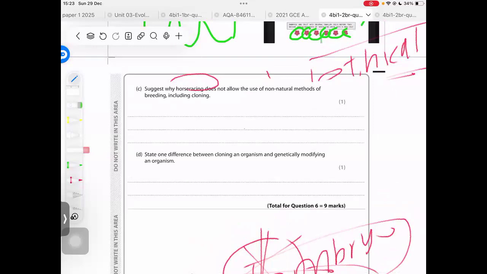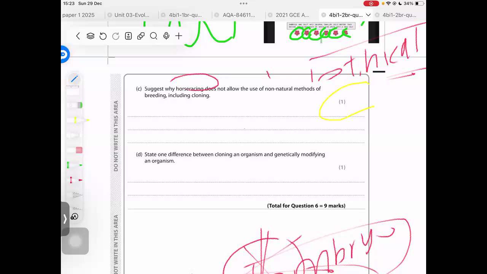If all are having equal talents, then there's no point of doing the horse racing, right? There's no variation. So you can write down, to maintain genetic variation, you're not including cloned animals in horse racing. If you have any idea like that, you'll be awarded this 1 mark.